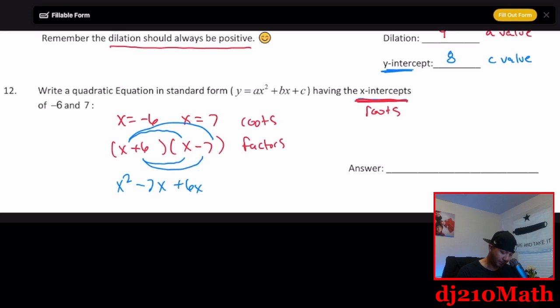And 6 times -7, -42. And then combining the like terms, we arrive at the final answer: x squared, -7 plus 6 is -x, minus 42. So when you have the roots, you can take the roots, turn them into factors, and then distribute.